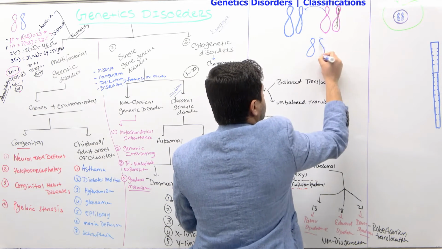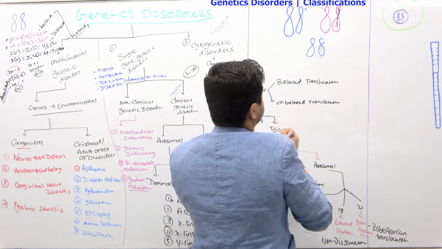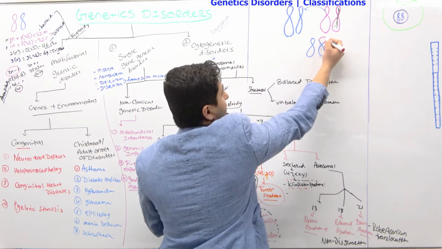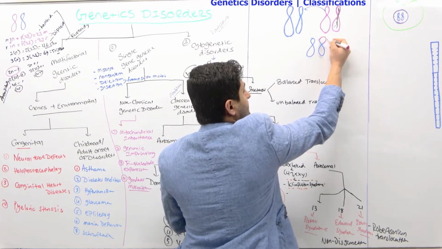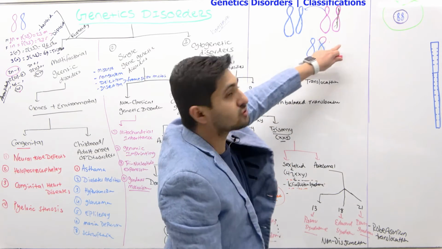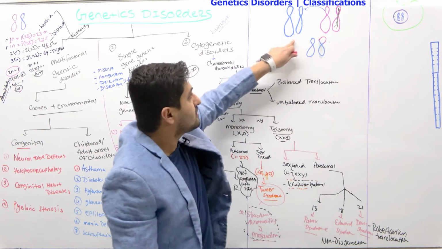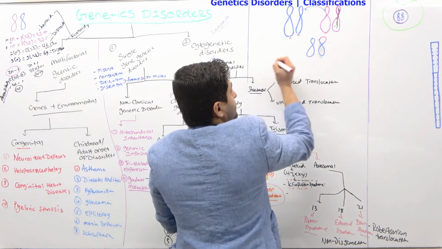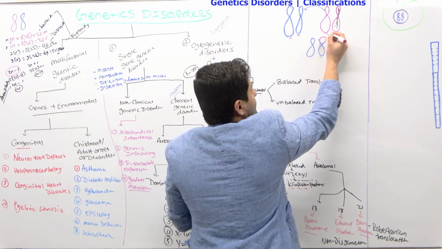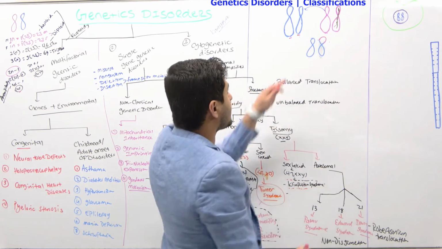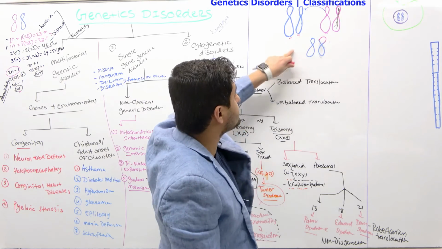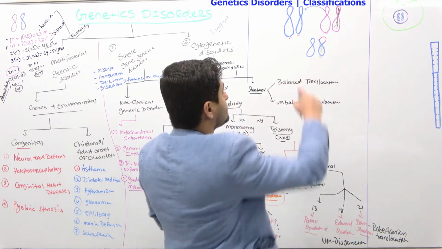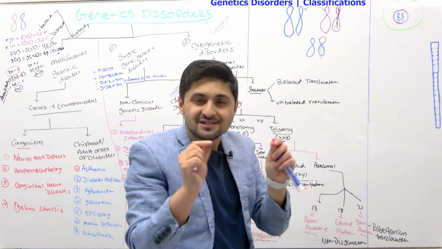But in another one, let's say this is what happens. Instead of here, you see pink right here. There's a crossover, a reciprocal translocation happens. This one and this one are the same, but this one and this one are different. The crossover happens between non-homologous chromosomes, meaning they are not similar to one another.